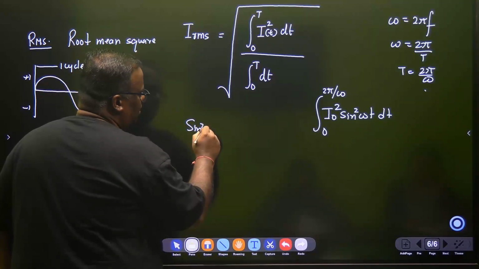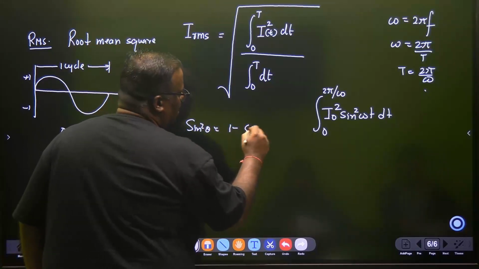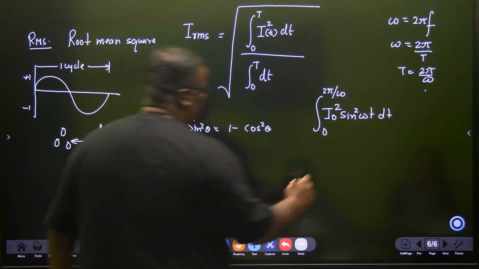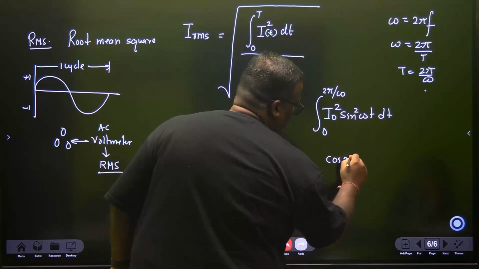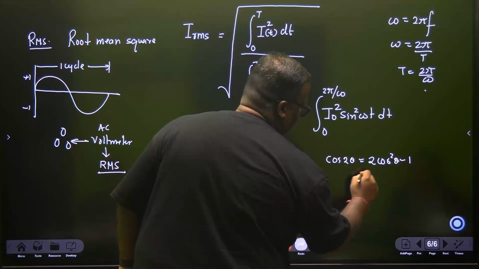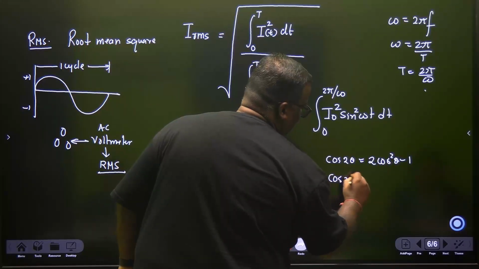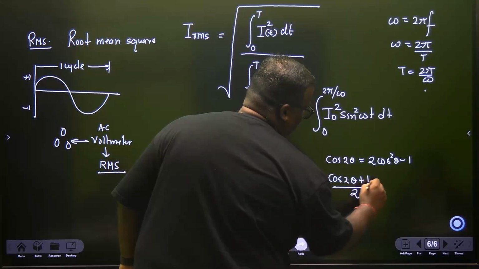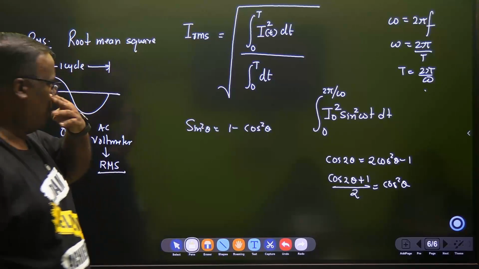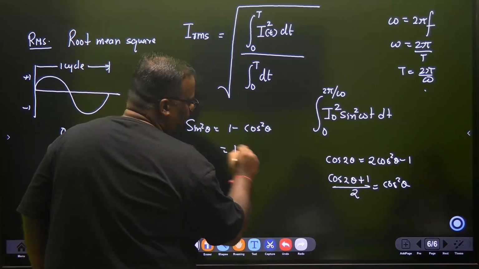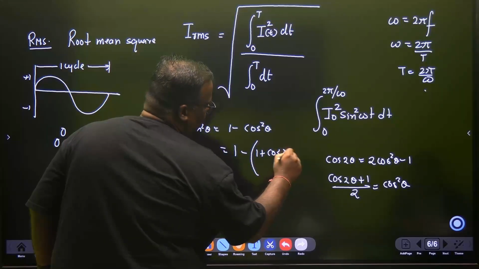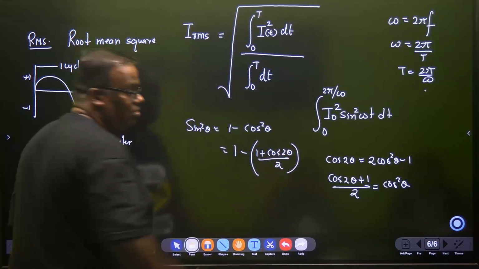Sine square theta is equal to 1 minus cos square theta. Right? Cos 2 theta is equal to 2 cos square theta minus 1. That means cos 2 theta plus 1 divided by 2 is cos square theta. Do you agree? That means 1 minus (1 plus cos 2 theta) divided by 2.